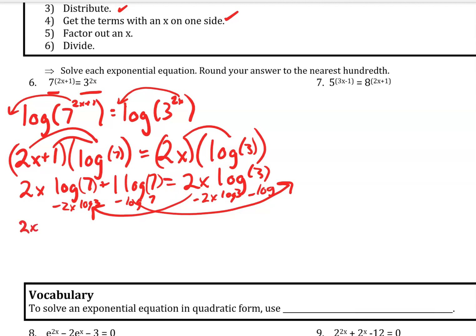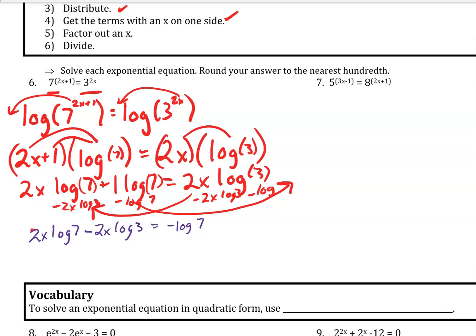So I have 2x, I'm going to change color just to make this a little easier. I have 2x log 7 minus 2x log 3 equals negative log 7.